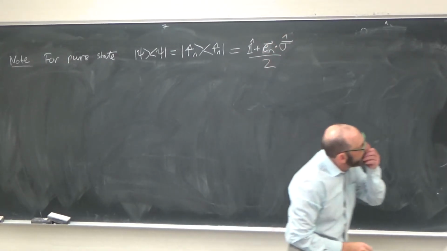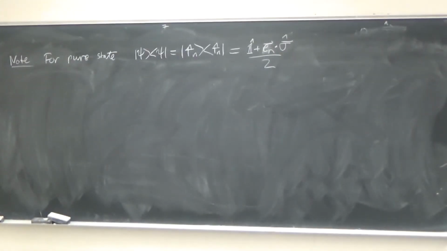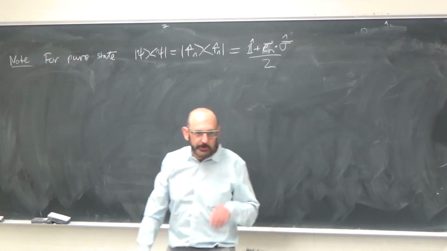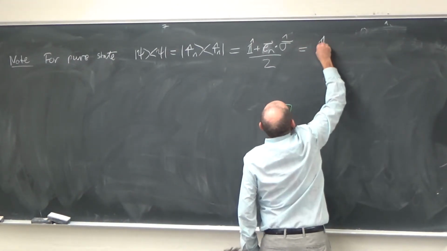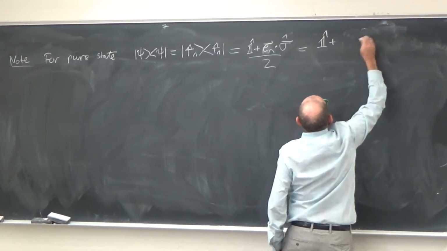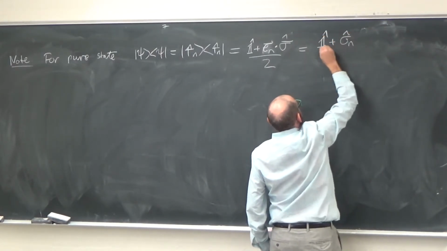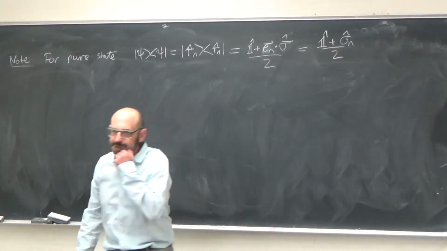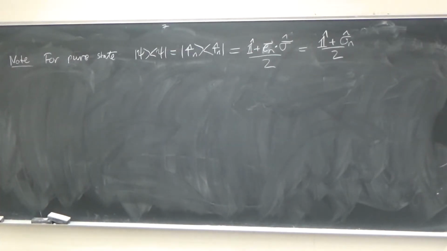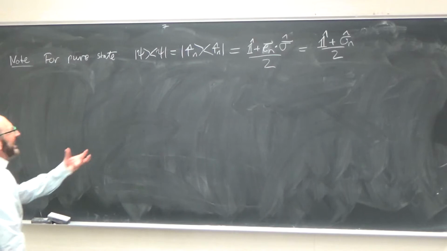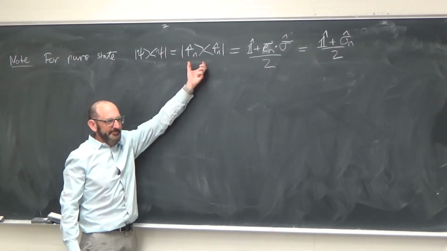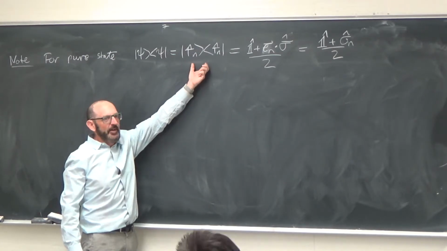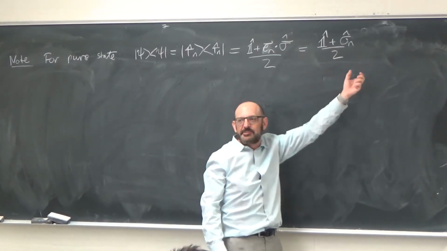That's what we have over here, which is what we call 1 plus sigma sub n. So this is a very useful mathematical identity, a way of writing a projection operator onto a direction of Hilbert space in terms of Pauli matrices.